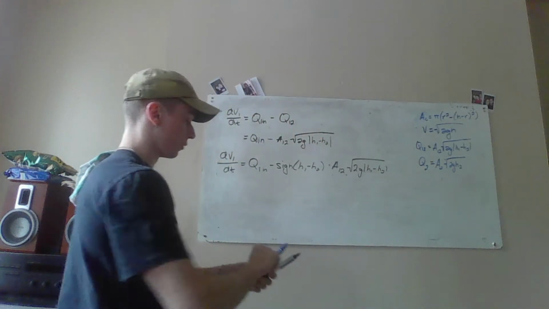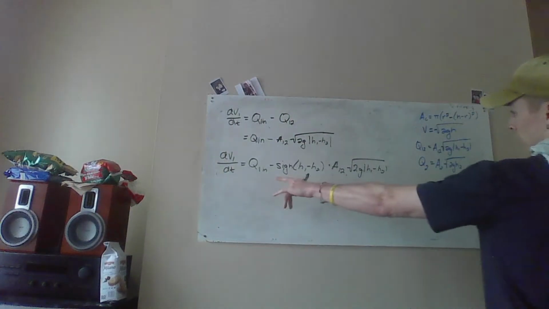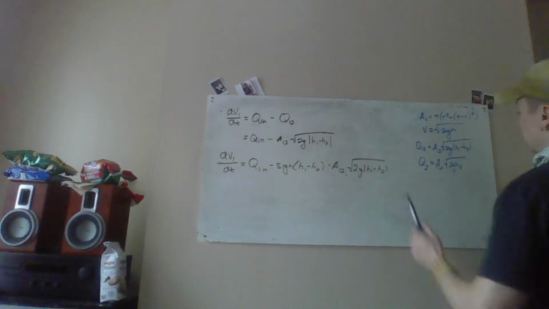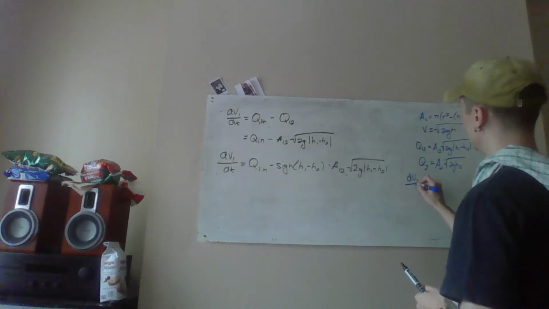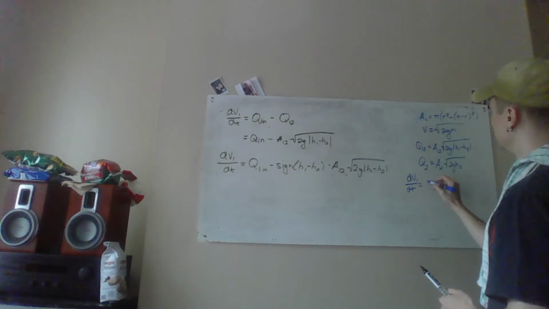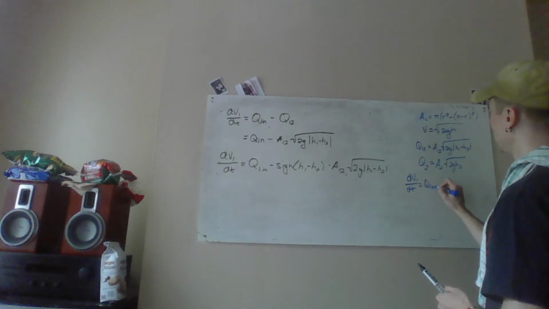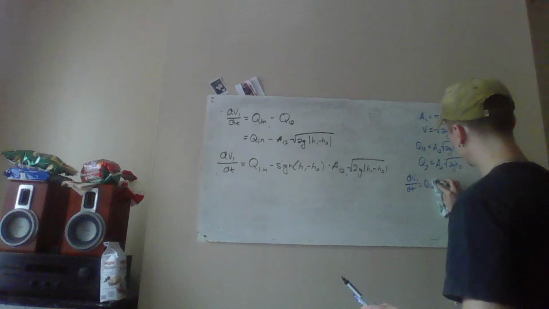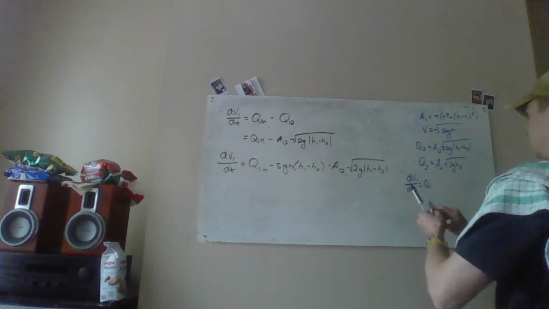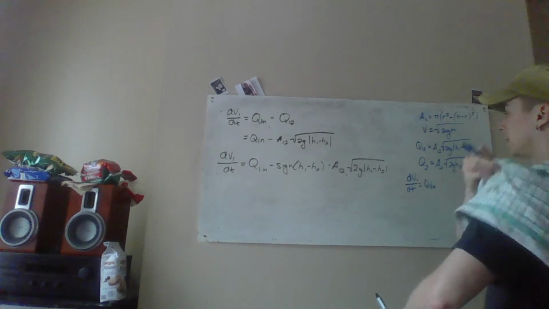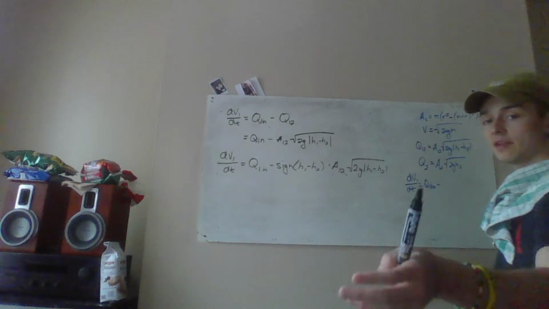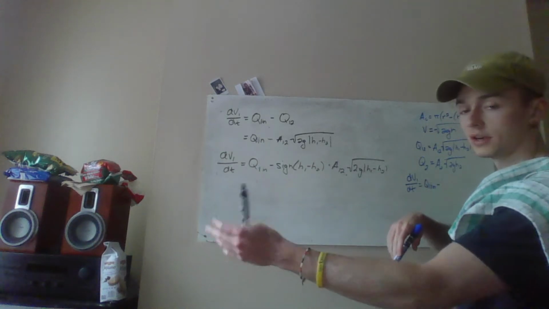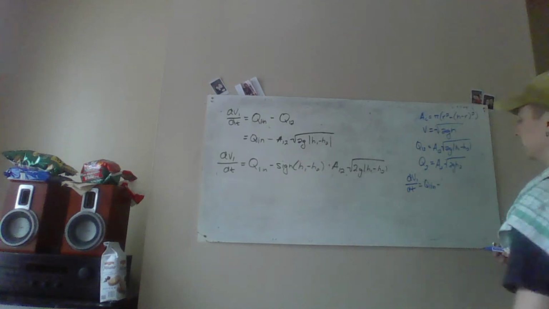So again, I'll rewrite that over here. We have that the initial flow rate for tank 1 with respect to time is equal to Q, the flow rate of tank 1 in, minus the sign compensation, again, in case the height of the fluid in tank 2 does happen to be greater than the height of the fluid in tank 1.